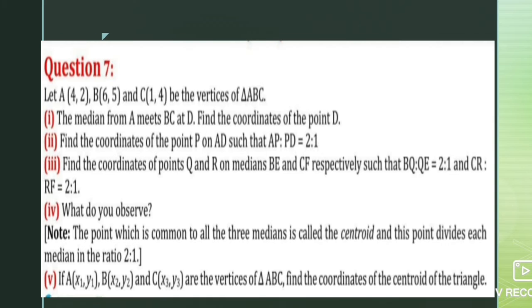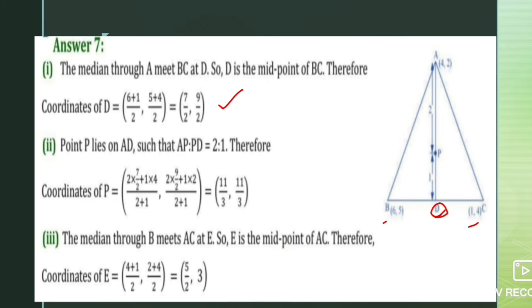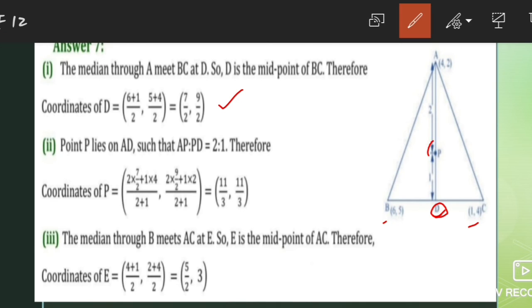Now the second part: find the coordinate of the point P on AD such that AP is to PD is equal to 2:1. So this is the point P. This P is dividing AD in a 2:1 ratio. So what will be the coordinate of P?